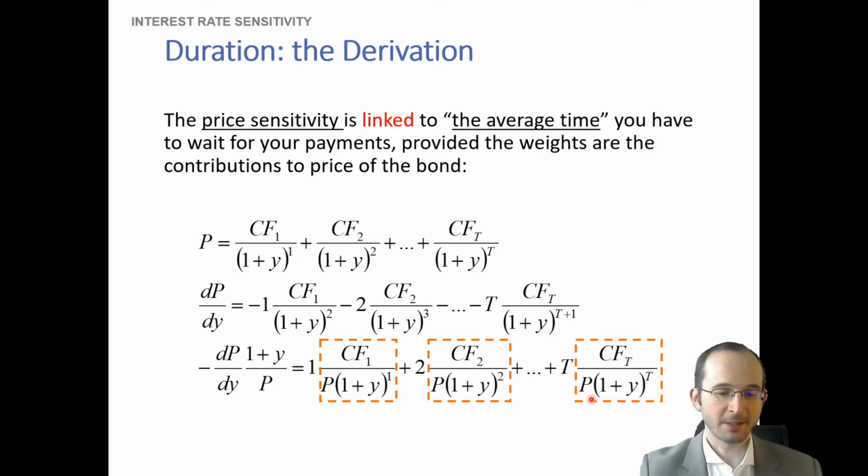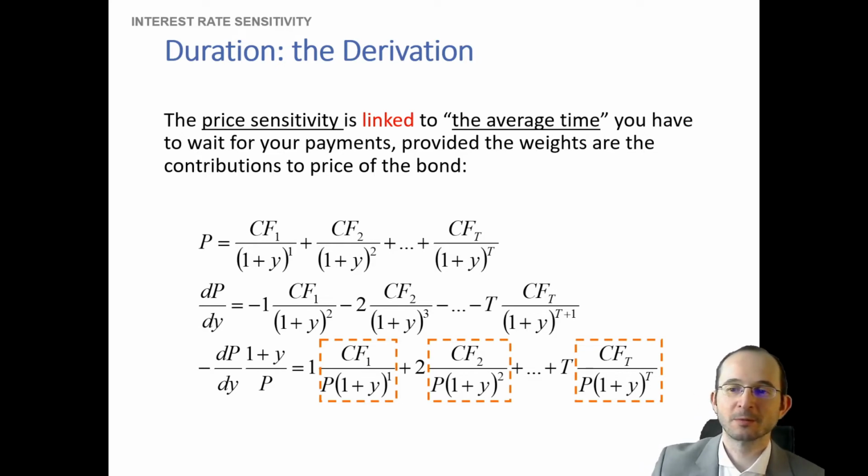So the weights are effectively the proportions that each cash flow represents of the bond's total value. So we can think of this then as sort of a weighting of maturity by proportion of the cash flow as a total of the bond's value.